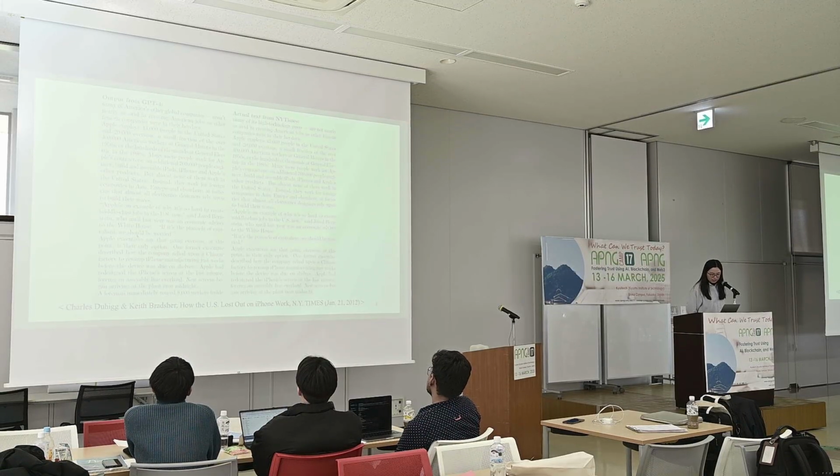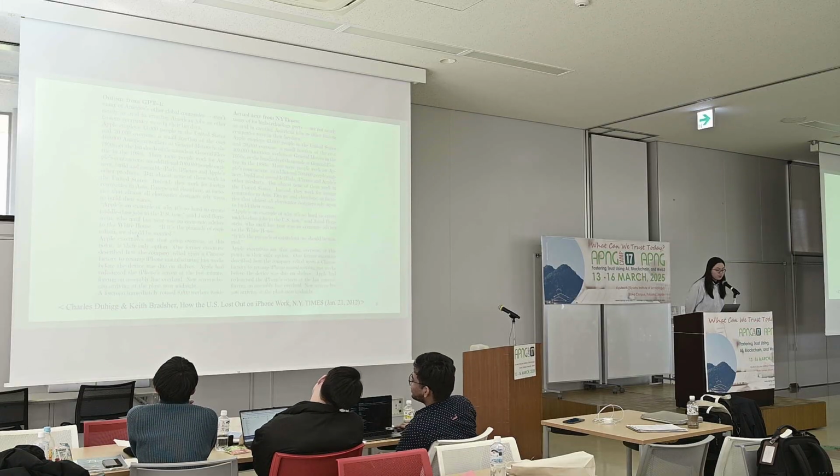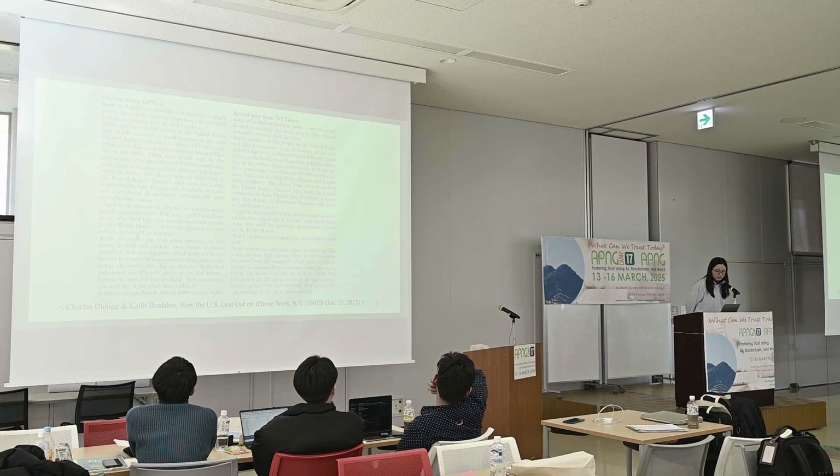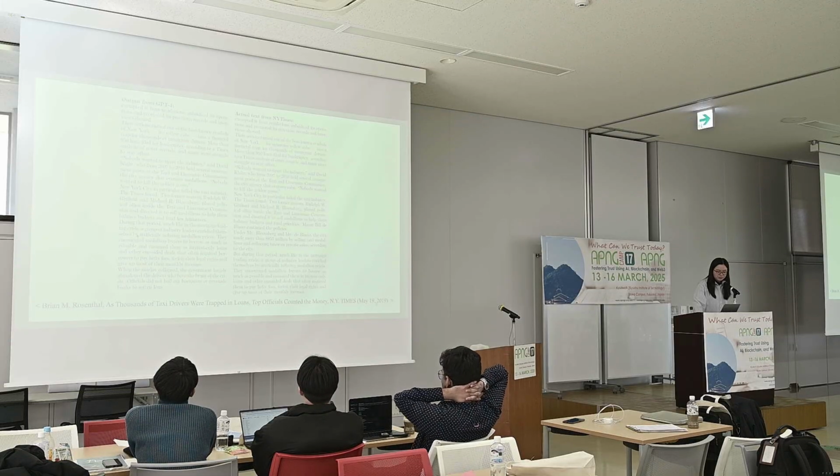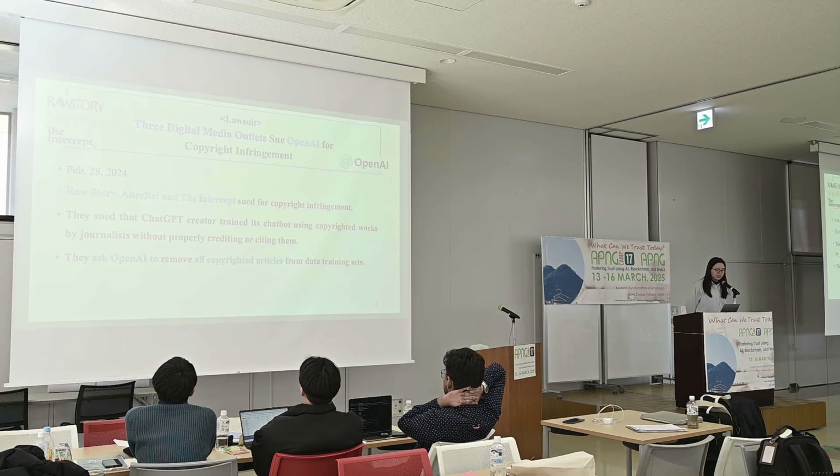This is a picture which is shown by the New York Times. As you see, there are two columns. The left column is the output from ChatGPT 4, and the right is the New York Times. The right color means they have so many common parts. So this is why the New York Times claims that they copied or used their data. And this is another example. Except for the New York Times, there are also other companies which sued OpenAI for copyright infringement.